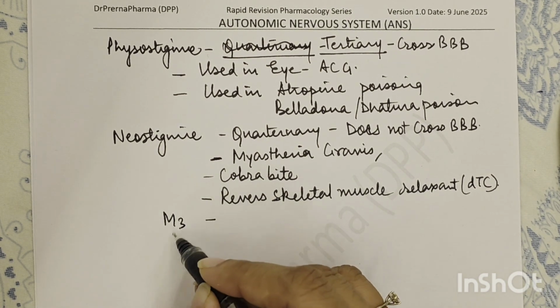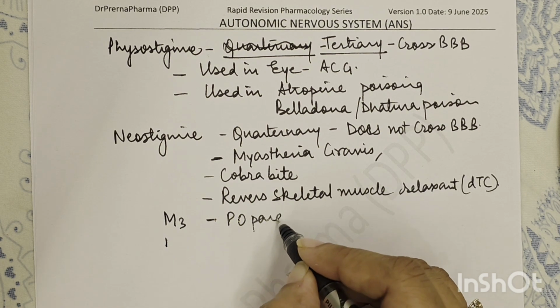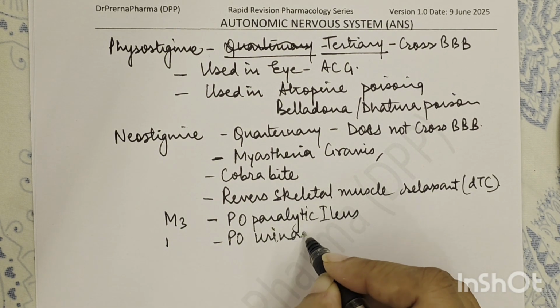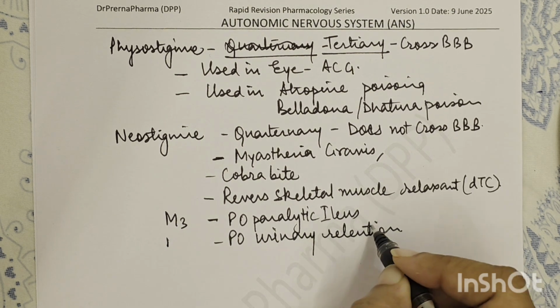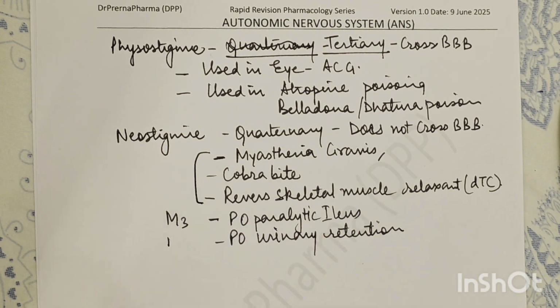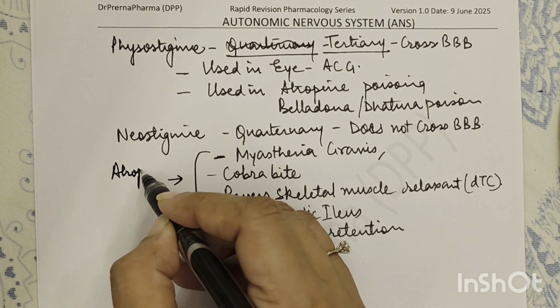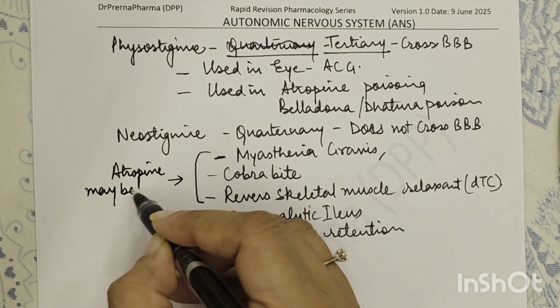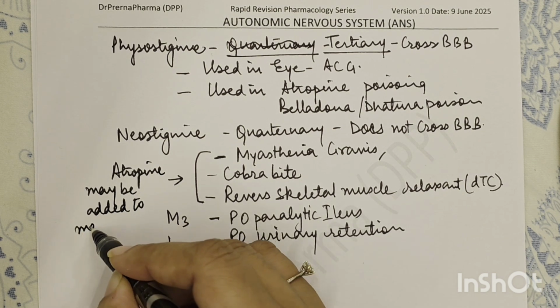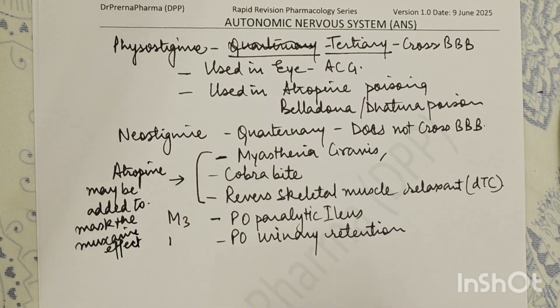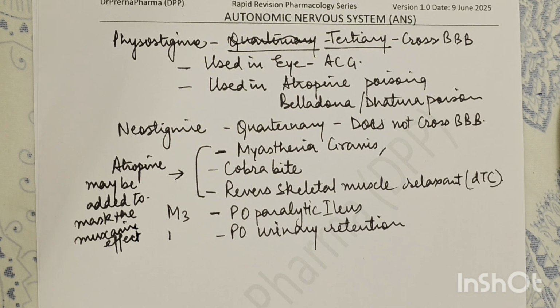Then, by virtue of its action on muscarinic receptors, it is used in post-operative paralytic ileus and post-operative urinary retention also. For myasthenia gravis and cobra bite, which are nicotinic actions, sometimes atropine may be added to mask the muscarinic effects. So these are the uses of neostigmine.